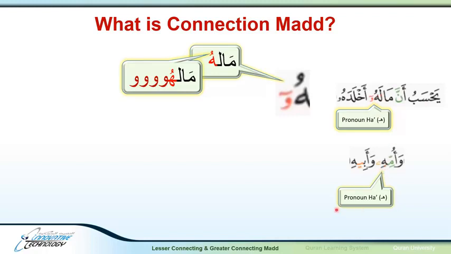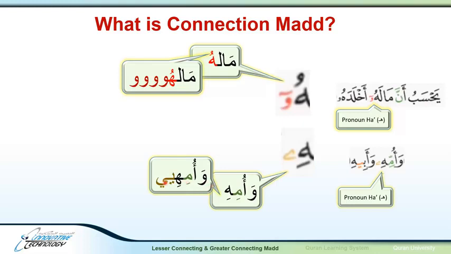This ha is also a pronoun ha al-damir al-ghaib, and it is followed by a small vowel, a small ya, and if we concentrate on it, ha with a kasra followed by a ya, but this ya is in brown, not in red, and we pronounce this ha with kasra as if there is a ya after it. So instead of saying وَأُمِّهِ, we say وَأُمِّهِ وَأُمِّهِ.